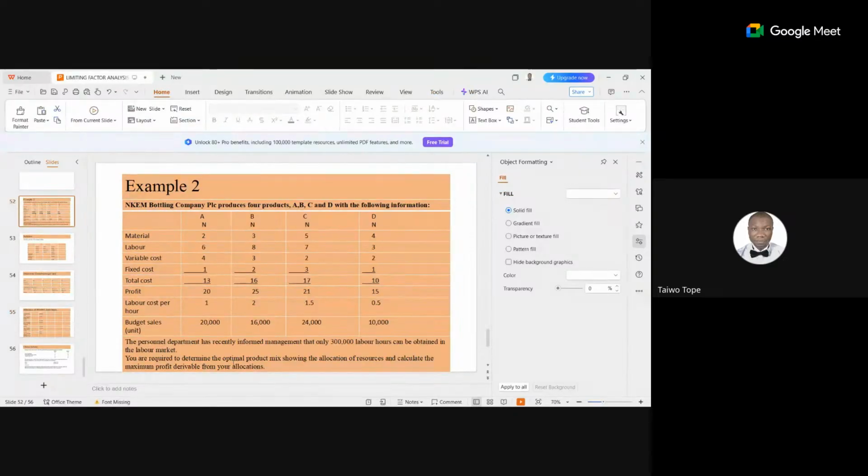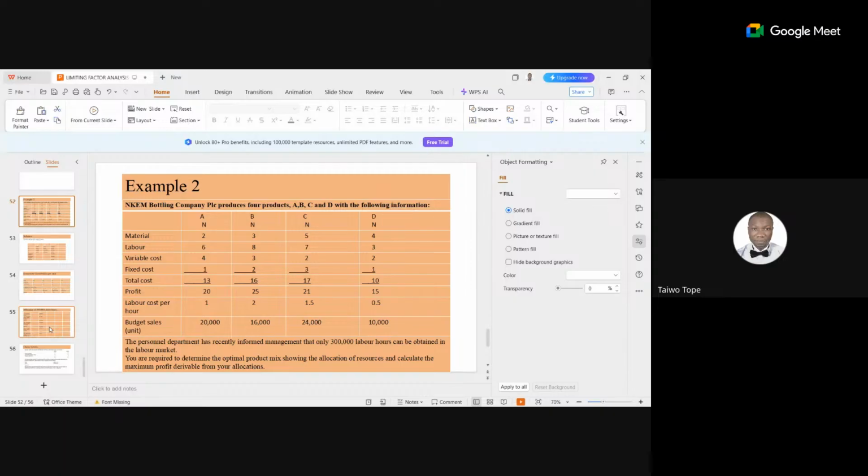So the question is what? That you are required to determine the optimal product mix, showing the allocation of resources and calculate the maximum profits derivable from your allocations.